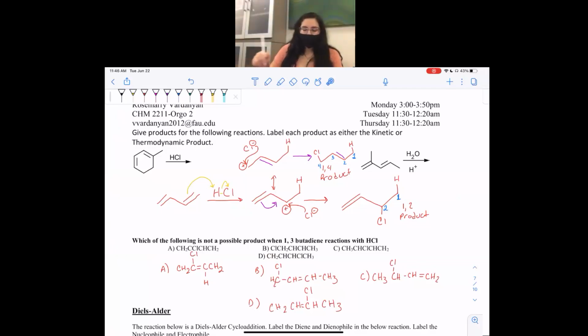Yeah, so the chlorine is directly attached to the double bonded carbon. That's not going to happen here. So this one, for that reason, is wrong because the chlorine is attached to the double bond. Correct. So B, what do we think? Does that one check out?